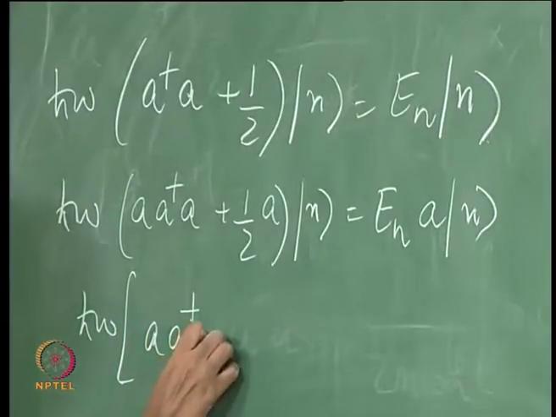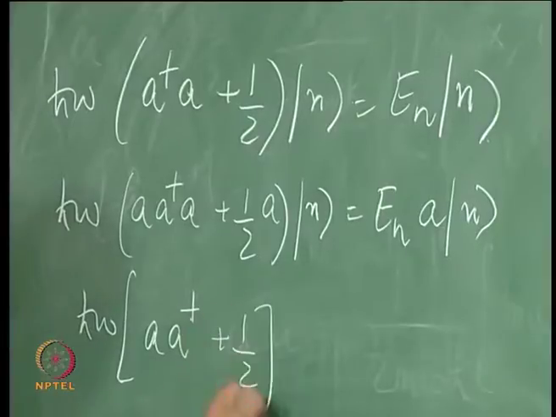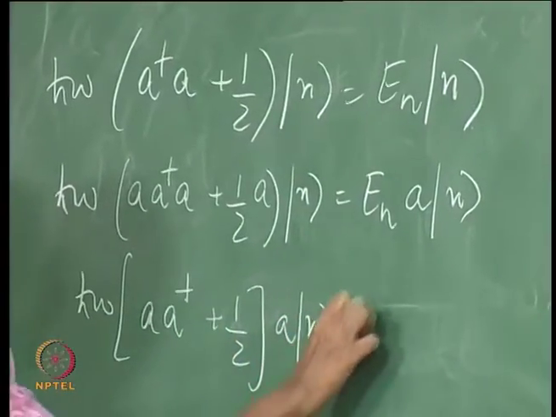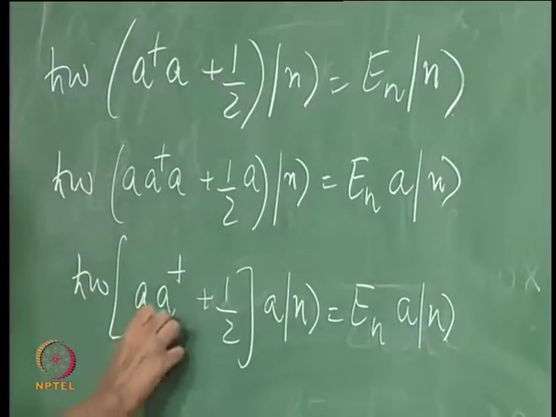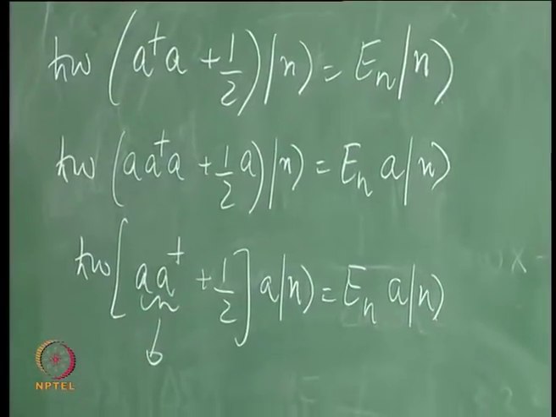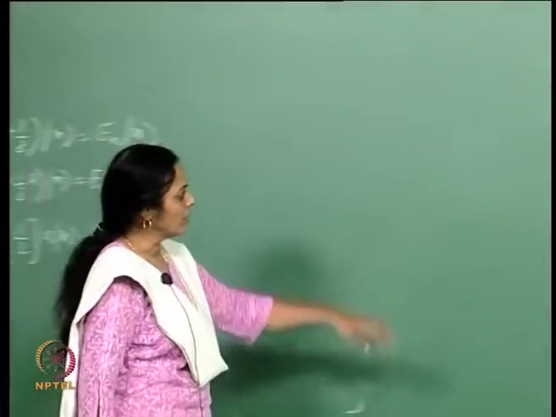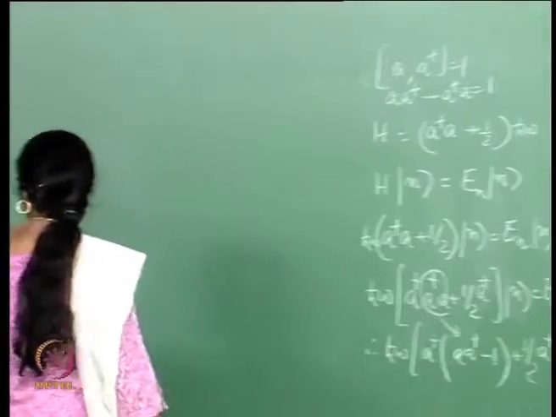That tells us that A dagger plus half A n is E n A n, and this object, using the commutation relation, we have got A dagger there.